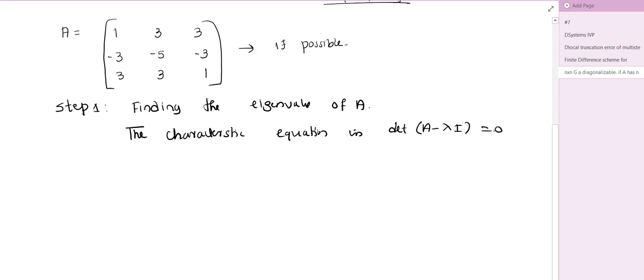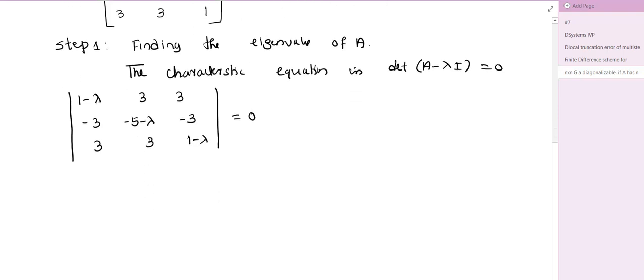So the determinant of A minus lambda I is 1 minus lambda, 3, 3; minus 3, minus 5 minus lambda, minus 3; 3, 3, 1 minus lambda, which is equal to 0.